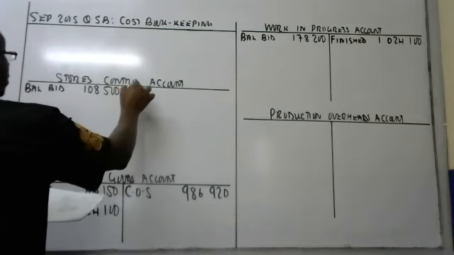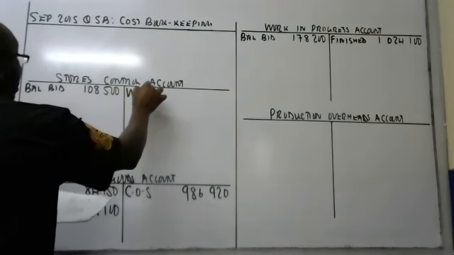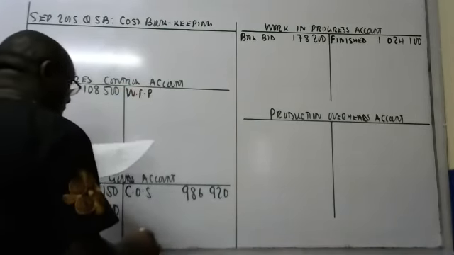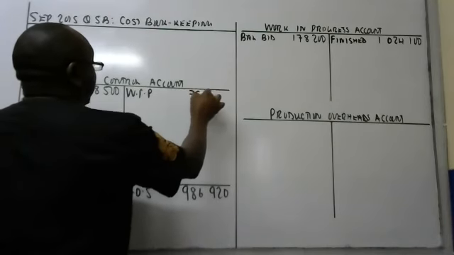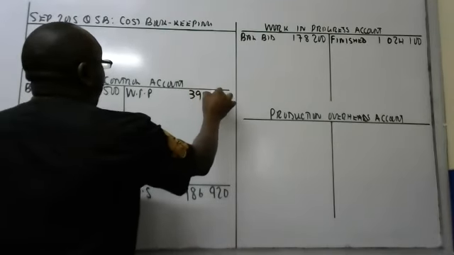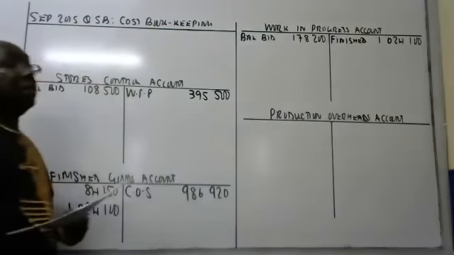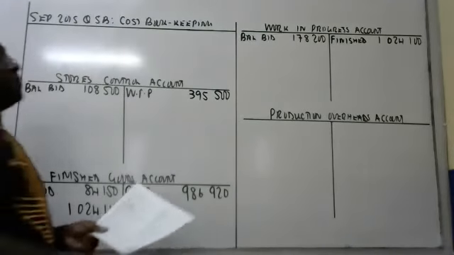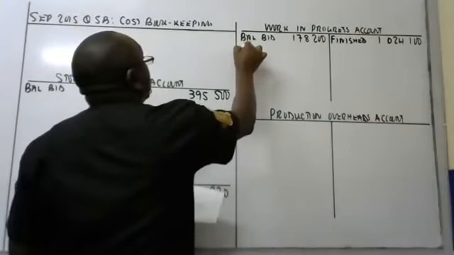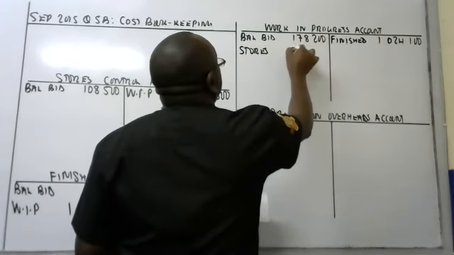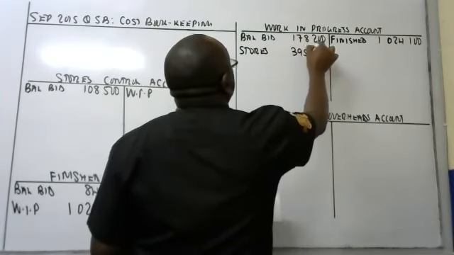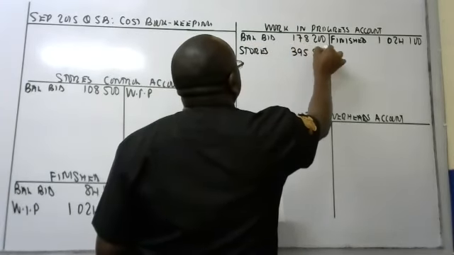We say because of work in progress, we take 395,500. Then we go to the work in progress. Because of the stores, we received 395,500.